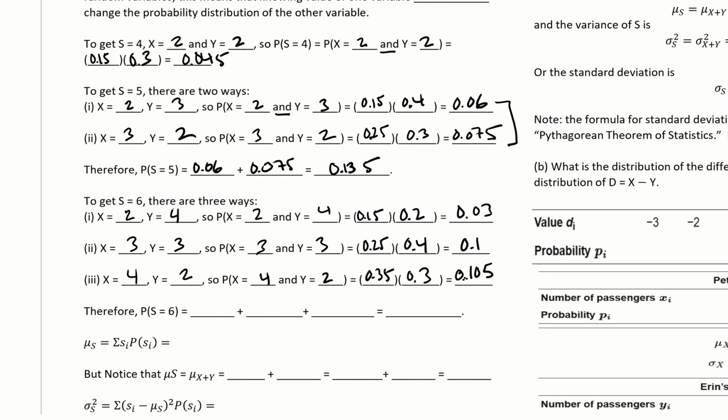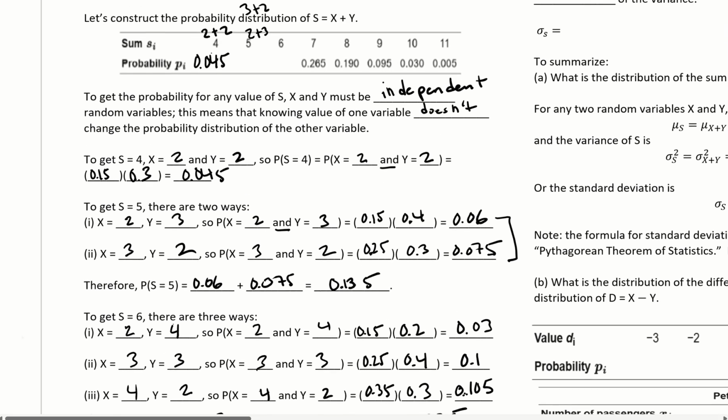All right, so now we add those together. So we get 0.03 plus 0.1, sorry, plus 0.105. Add those three, we get 0.235. All right, so let's put that over here.